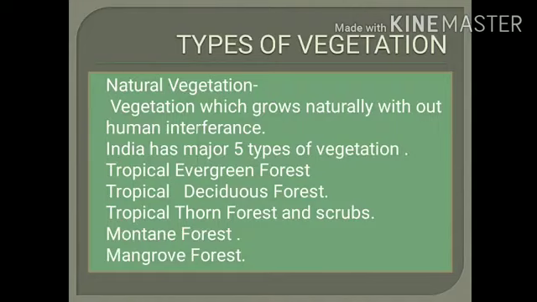So first we will learn about the first factor, that is relief. Land affects the natural vegetation directly and indirectly. We know that fertile land is generally devoted to high growth of vegetation, but generally all fertile land is thickly populated. So these types of lands are now only available for agricultural expansion.